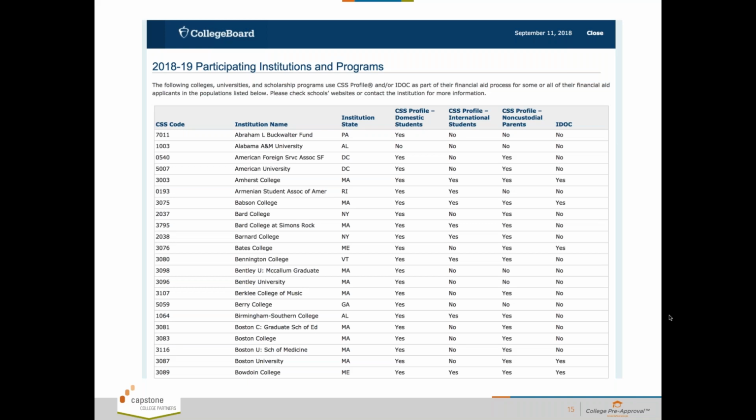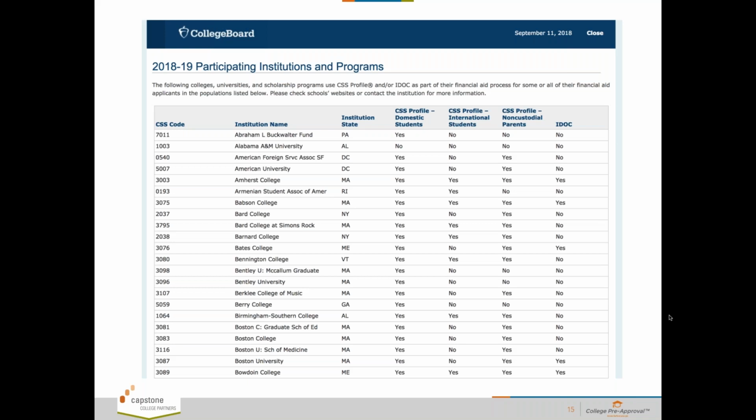And again, I'm talking at a high level today. Every school is going to be a little bit different, and my general recommendation is, until you get familiar with this process, if you're really going to help a family through it, it's going to require some homework, knowing these key differences at a high level, but then also confirming them with the institutions themselves.